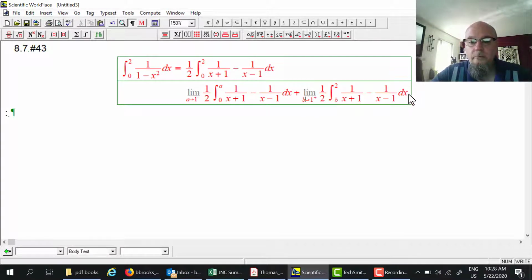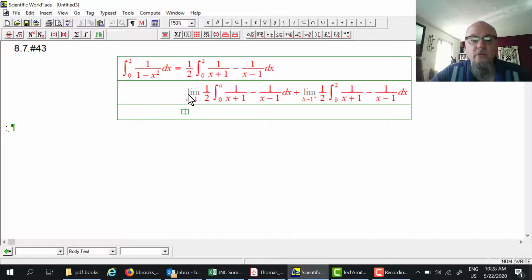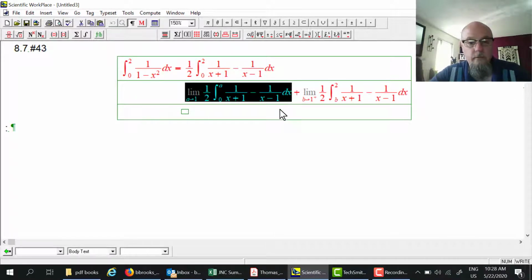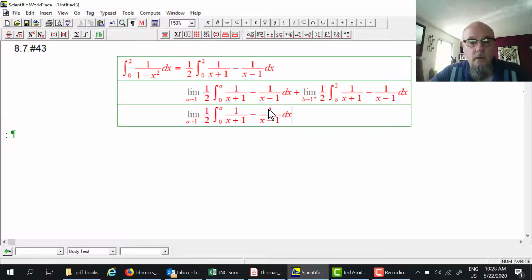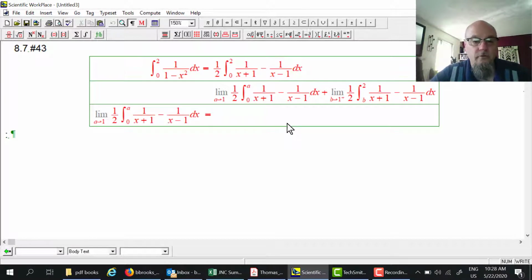So let's just look at this one piece here. When I do the integral, so this is going to integrate to be ln of absolute value of. So let's do our integral here. I'm still taking my limit.